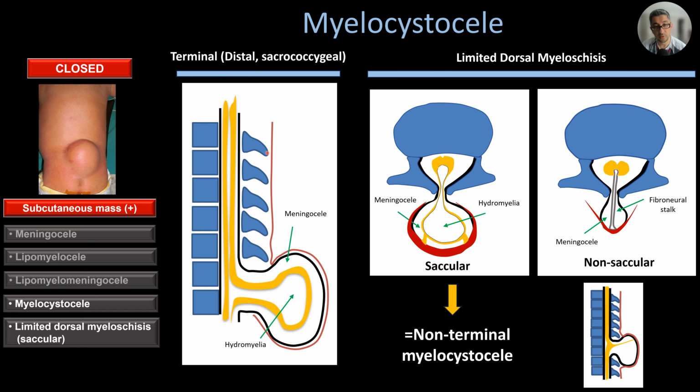So, terminal myelocystoceles are completely different than limited dorsal myeloschisis. They are distinct entities with severe neurological abnormality. They are so rare. They may be associated with Chiari-2 malformation, and they are associated with omphalocele, cloacal malformations, anal atresia.